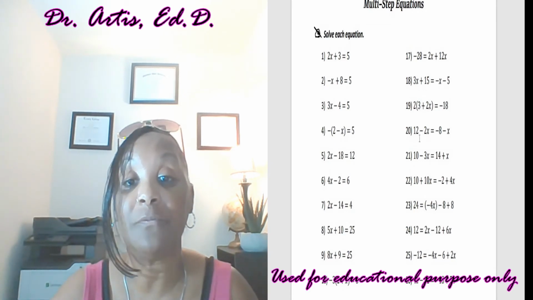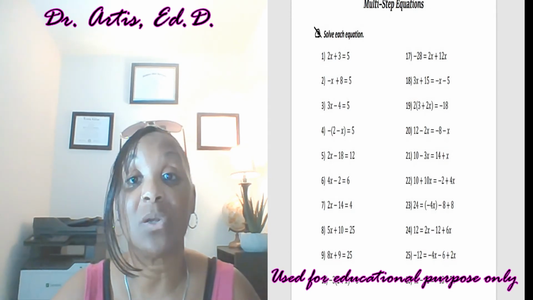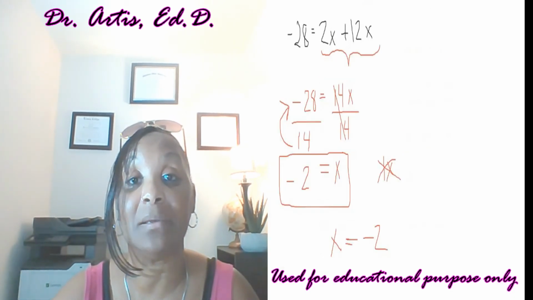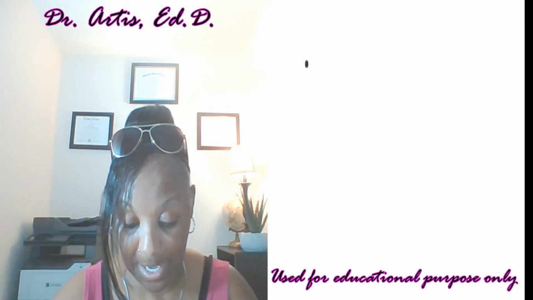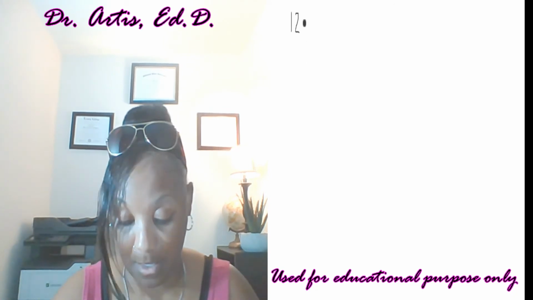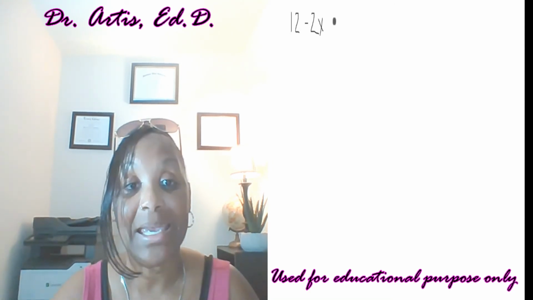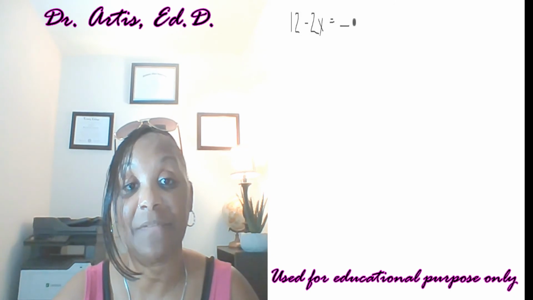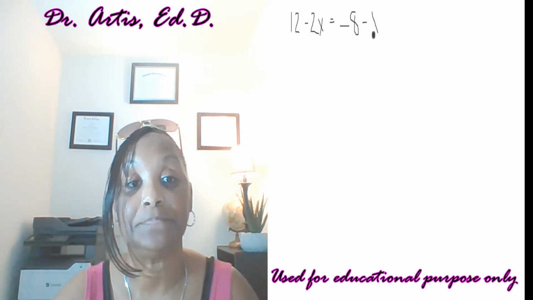We have 12 minus 2x equals a negative 8 minus x. So let's go to the board again and write out this equation. All right, so here we have 12 minus 2x equals negative 8 minus x.